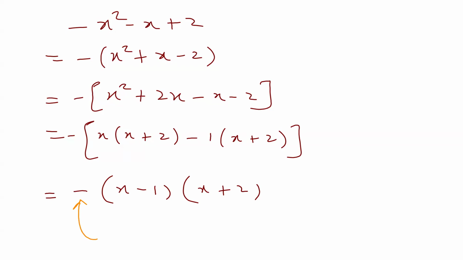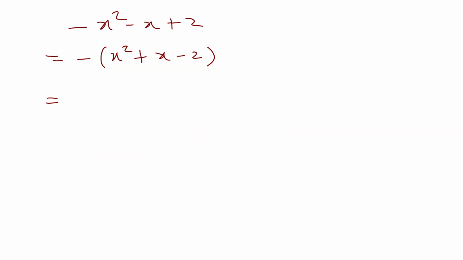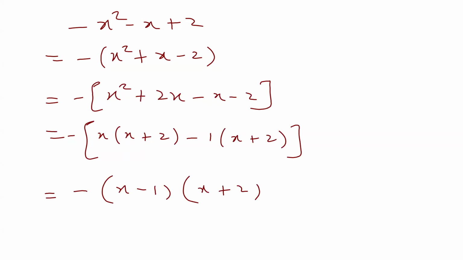Okay, take it inside any of the brackets. You can keep it, but I would recommend don't do that. Take this minus sign inside this bracket. So what is minus of x minus 1? Anyone? 1 minus x, correct. This is going to be 1 minus x.